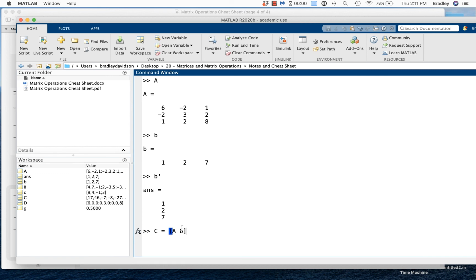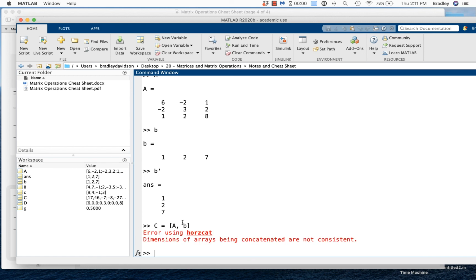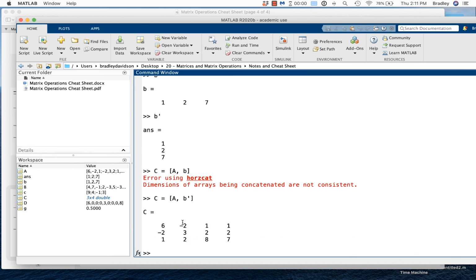It's going to be a new matrix, and a matrix is simply a suitcase that's storage for whatever we need. We need A on the left side and we need B on the right side, which means that we put a comma in between them. And I need to turn my B into a column matrix. And so now we see that we get a 3 by 4.